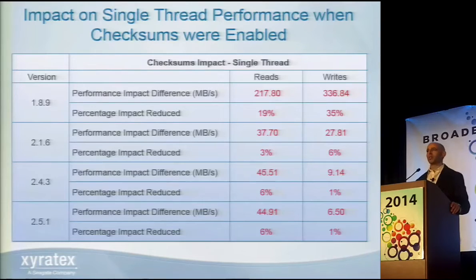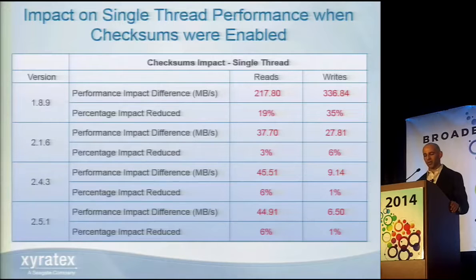Now, I also wanted to isolate single thread performance, so I looked at enabling checksums on just the single thread performance numbers. When we enable checksums, you'll see that the performance impact across all 4 client versions was the biggest on 1.8.9. On reads, it was up to 19%. On writes, it was up to 35%.